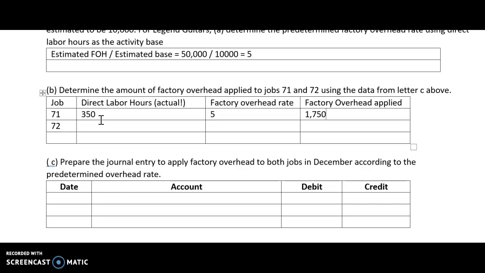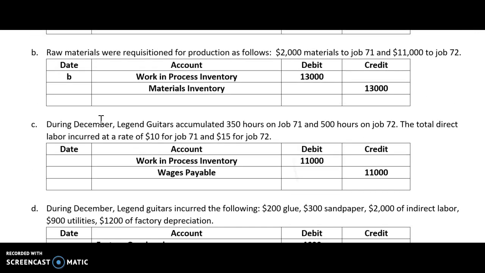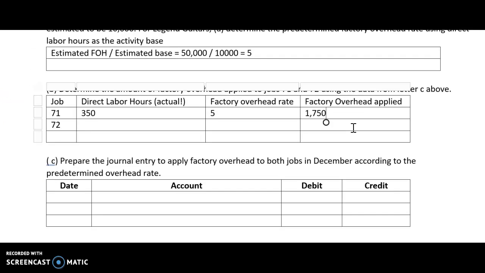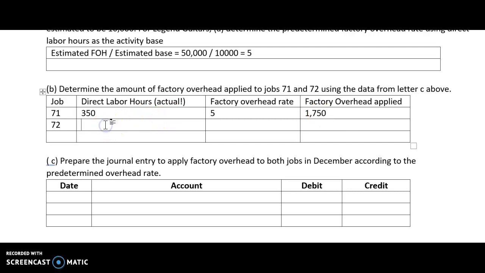For job 72, I'll look for my actual hours for job 72. So let's go back up, and we said job 72, our actual hours were 500. So 500 goes here. Our overhead rate is 5.